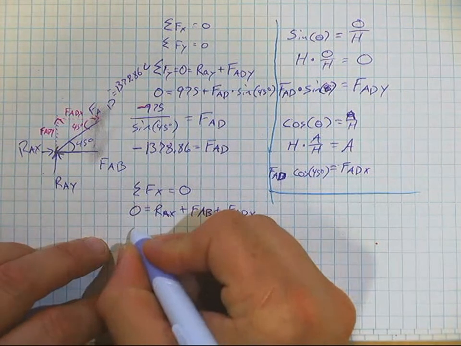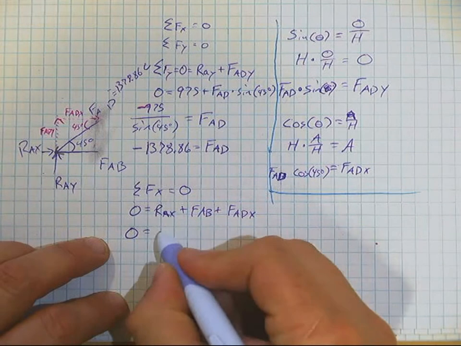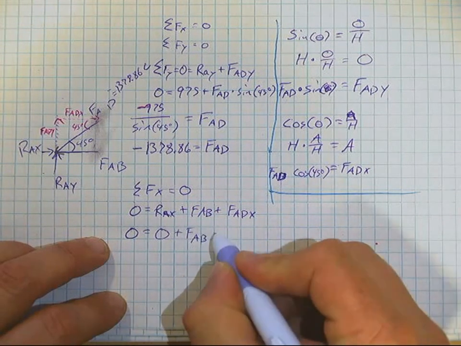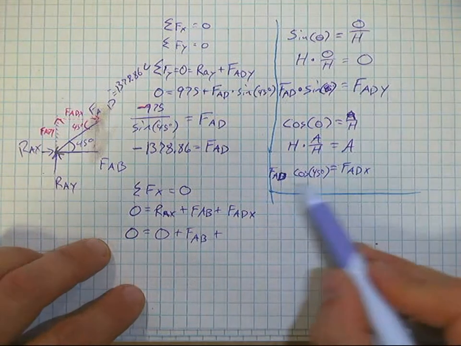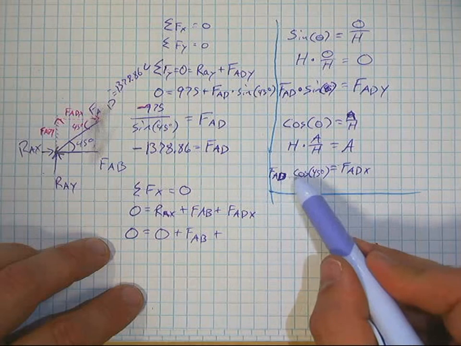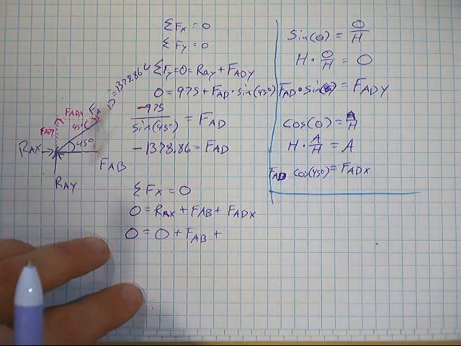We have 0 equals RAX, which is 0, plus FAB, our unknown, plus FADX. We take FADX and substitute in FAD times cosine of 45 degrees.